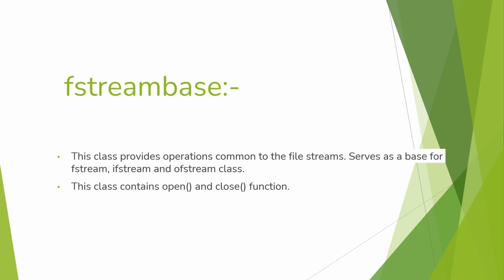This class provides operations common to the file streams and serves as a base for fstream, ifstream and ofstream. This class contains open and close functions. So we open or close the file only by this stream.